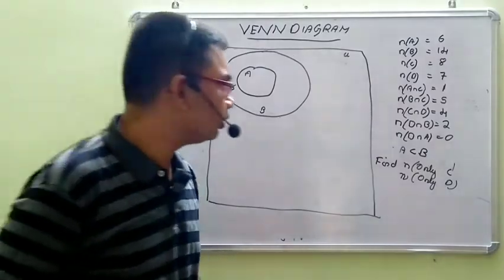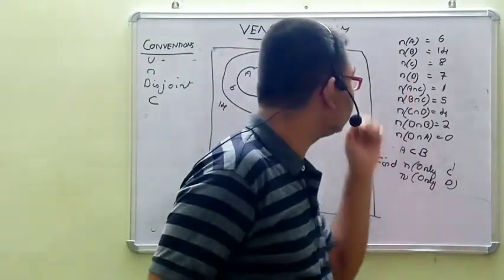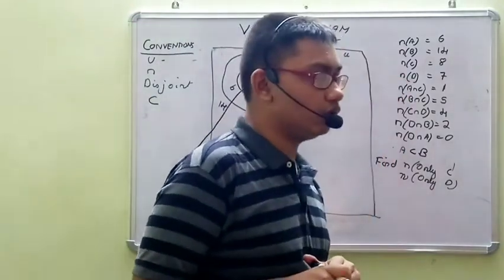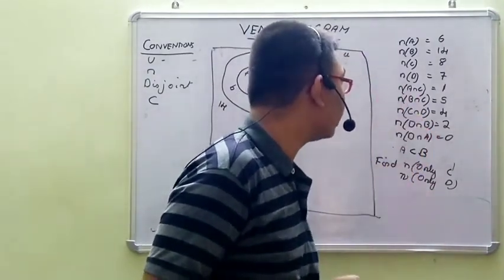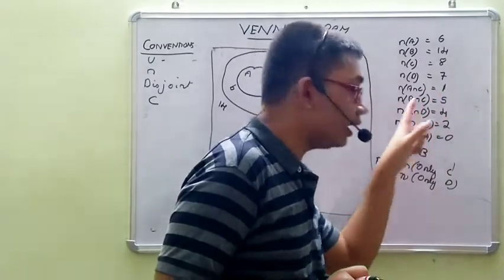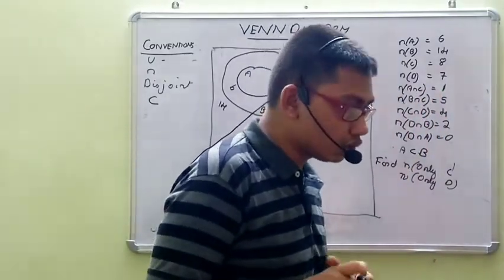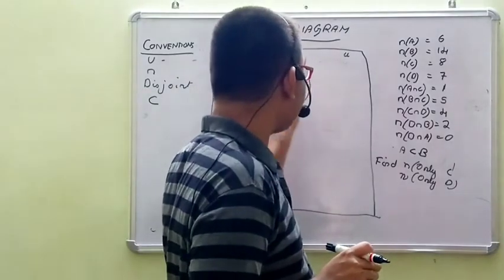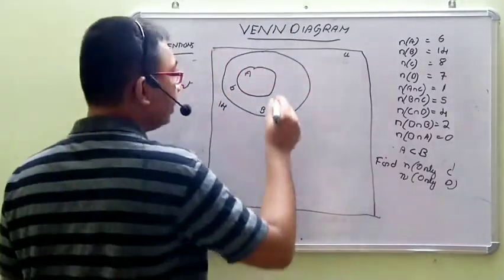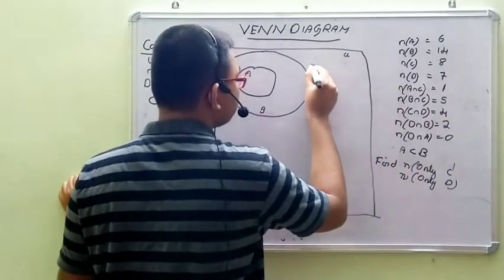And then we are given n(C) is 8. But before we go to n(C), we need to see A intersection C and B intersection C. A intersection C is 1 and B intersection C is 5. So there is something common between A and C. Therefore, C will be a set like this.